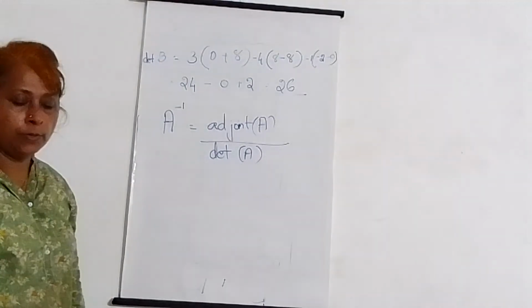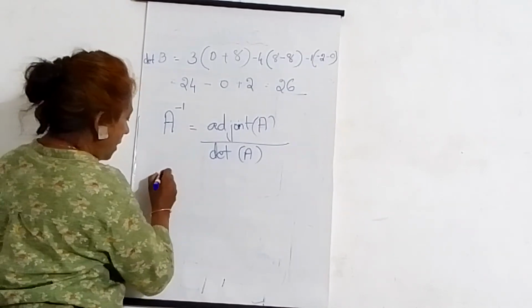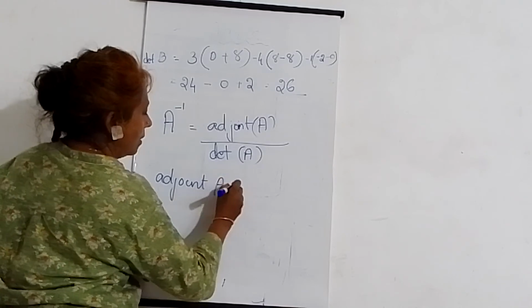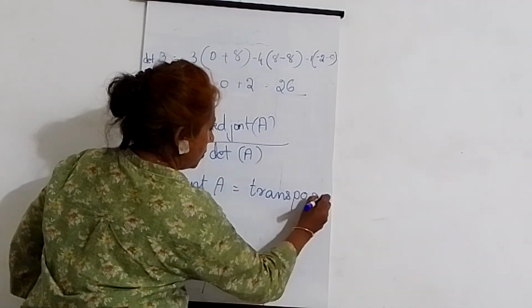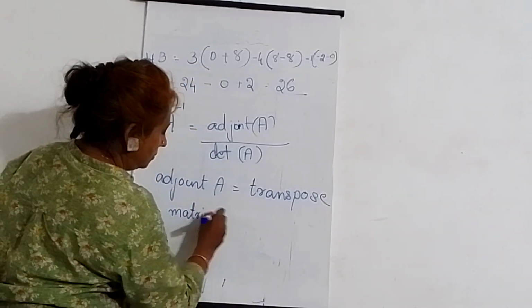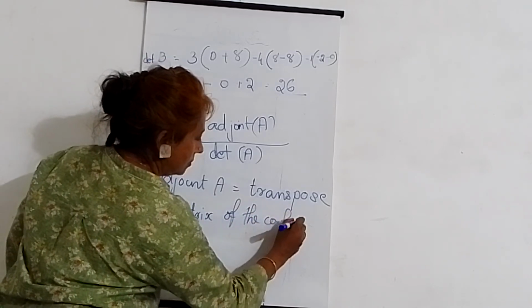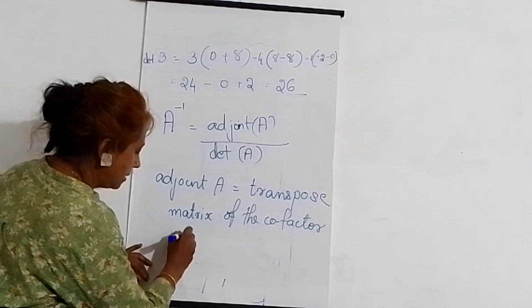The adjoint is the transpose matrix of the cofactor matrix.